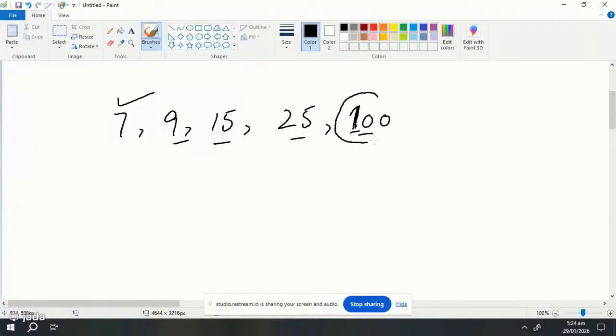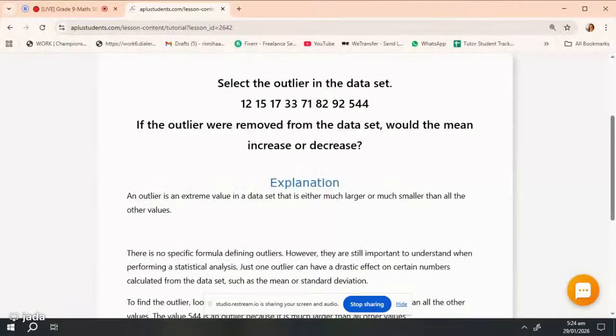So that is 100. It's basically the larger value in this data, and you're just going to select the outlier value that is much larger or much smaller than all the other values.